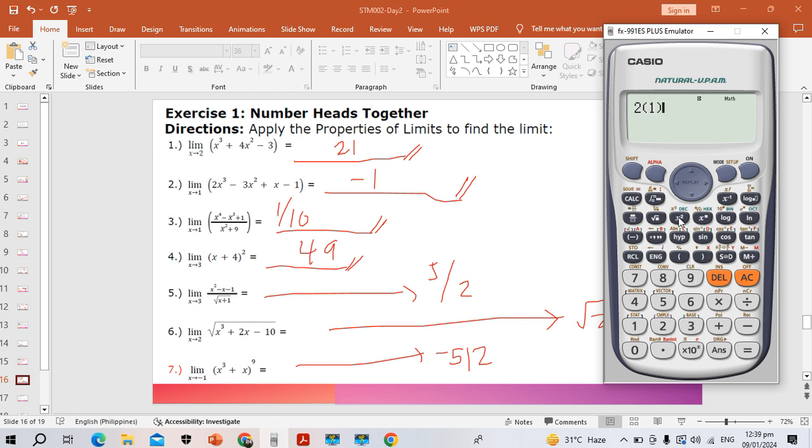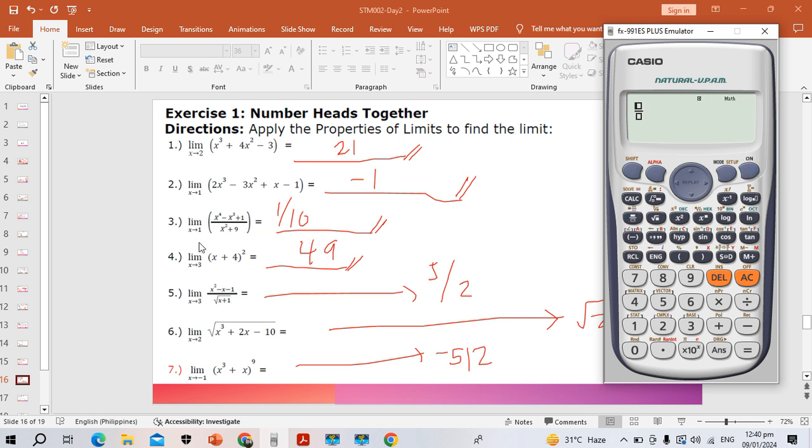Tapos meron siyang 1 raised to 3. Tapos minus 3 ulit. Tapos meron tayong 1 raised to 2, raised to 2 plus 1 minus 1. The answer here in my calculator is negative 1. Correct? Number 2.